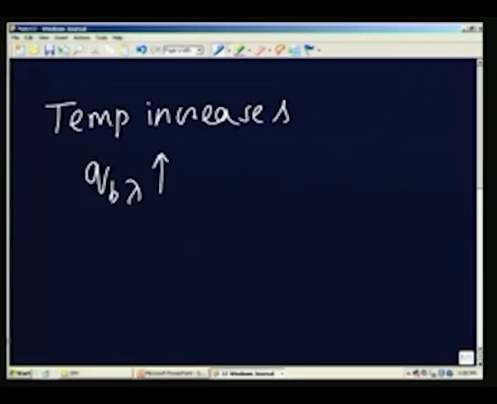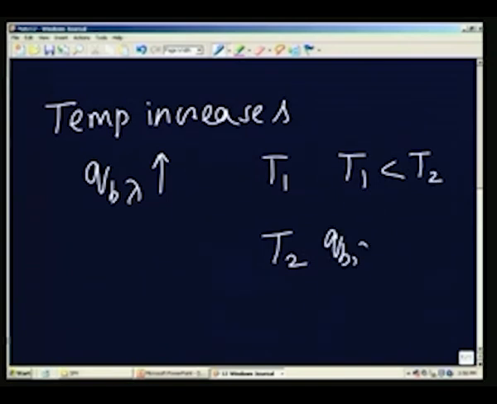That means that if you have two temperatures T1 and T2, if T1 is less than T2, then QB lambda at T1 is less than QB lambda at T2, for any lambda. For all lambda this should hold.